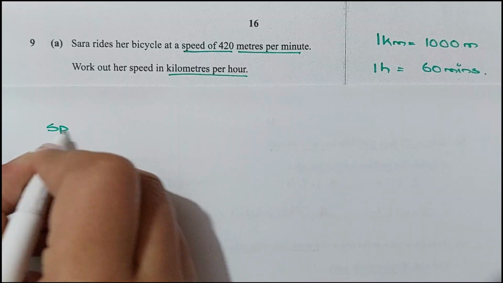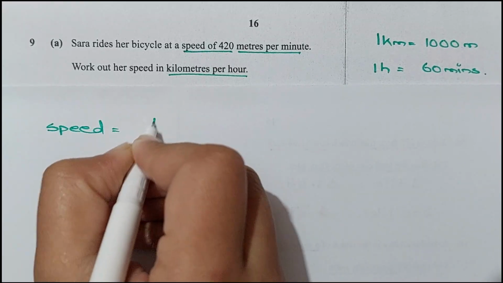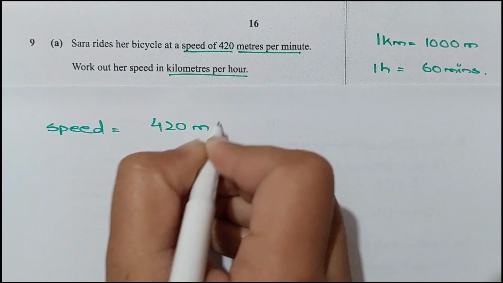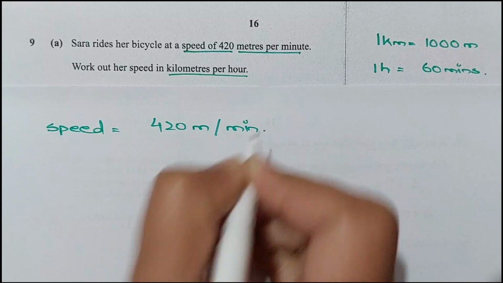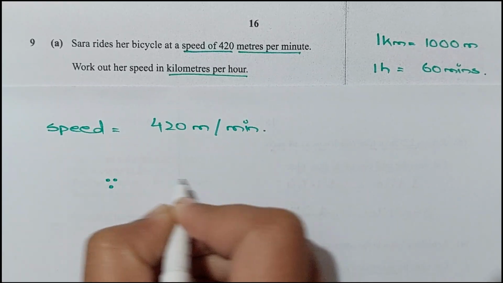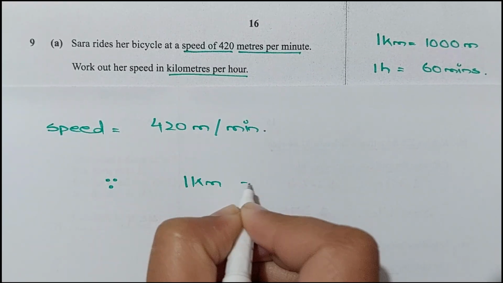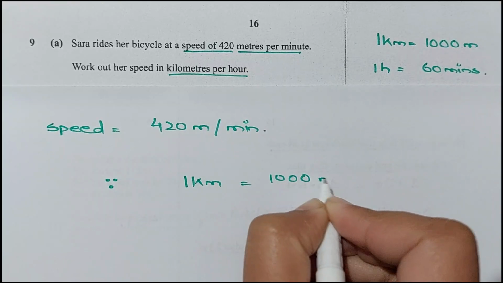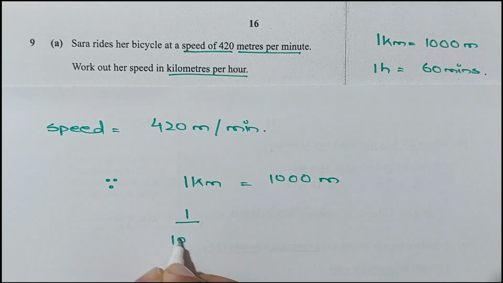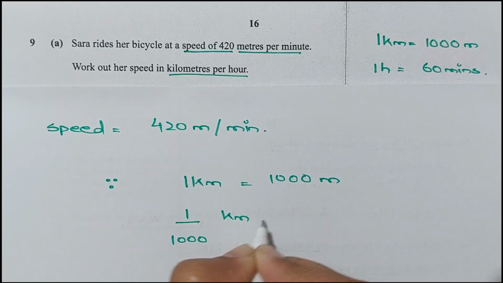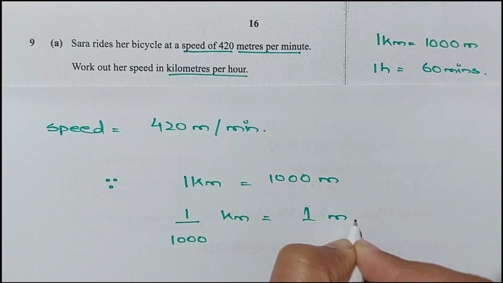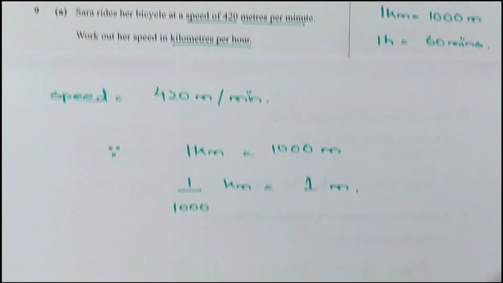Okay, the speed we have been given is 420 meters per minute, right? Now 1 kilometer is equal to 1000 meters, and 1 over 1000 kilometers is equivalent to 1 meter. And what about 420 meters?